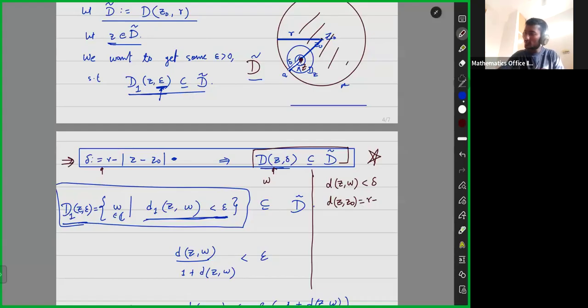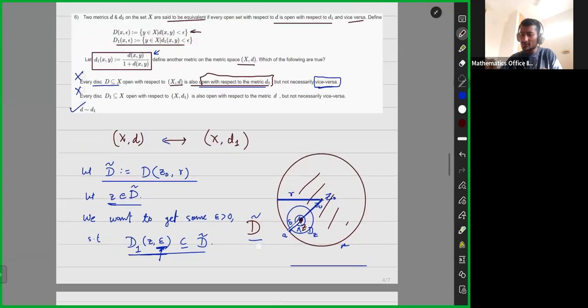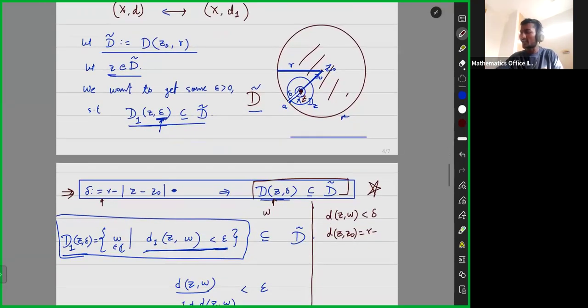Oh, I should not use the modulus here, because this is a general metric space. We were understanding it as complex numbers. That is the problem. So I should write d(z, z naught). I understood the problem.